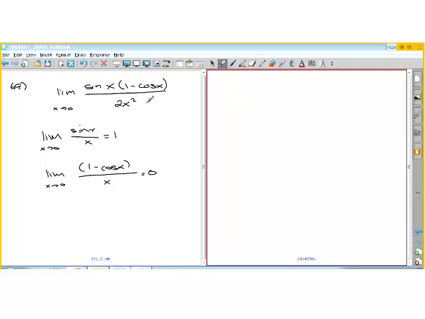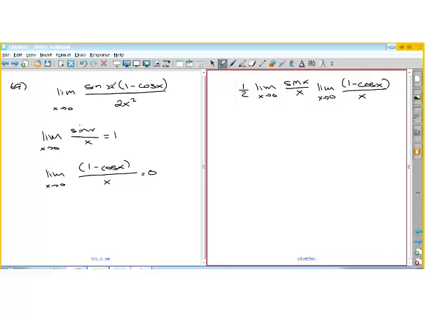So what we would do is factor out the 2, and then you take one of these x's that makes up x squared, and you would put that with the sine of x, and then you would do the limit as x approaches 0 of the other part, which is 1 minus the cosine of x divided by x.